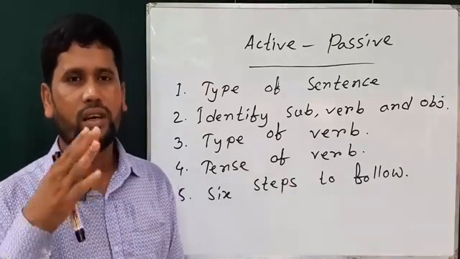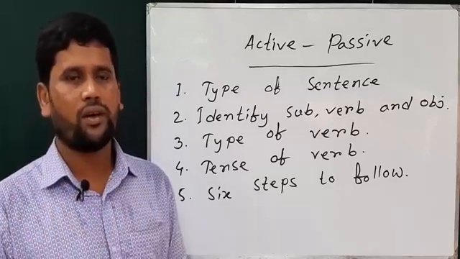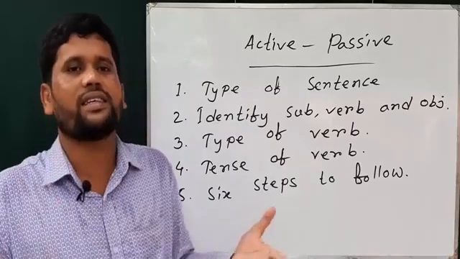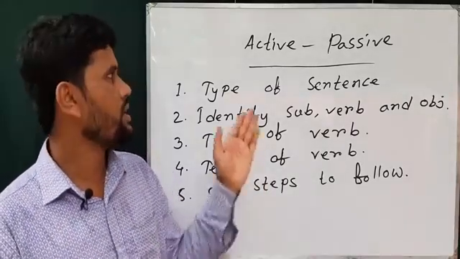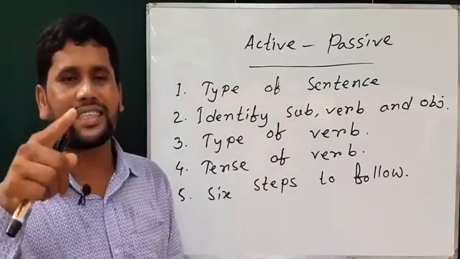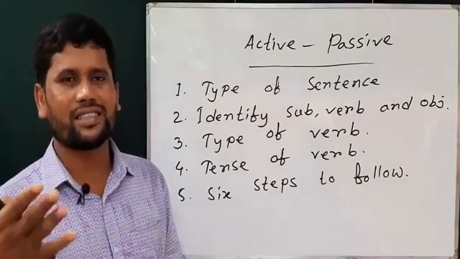You know, be verbs, am, is, are, was, were, or have verbs, have, has, had. When we find in any sentence only am, is, are or have, has, these are stative verbs. We don't change these types of verb from active to passive or passive to active. We only change the action verb. But in the action verb, we only change transitive verbs.